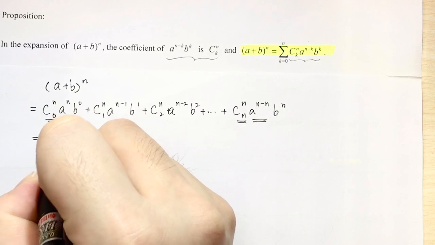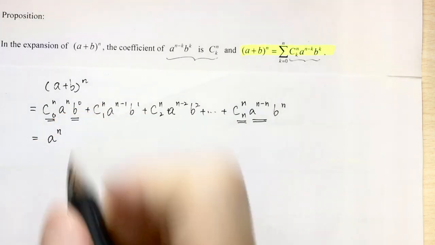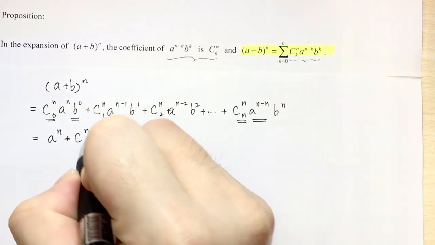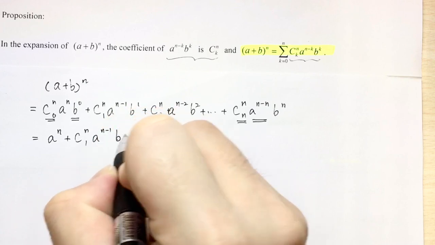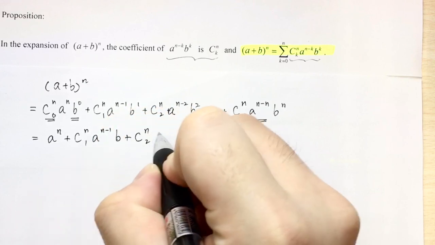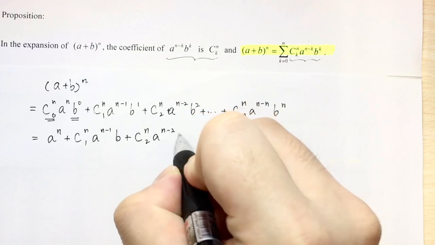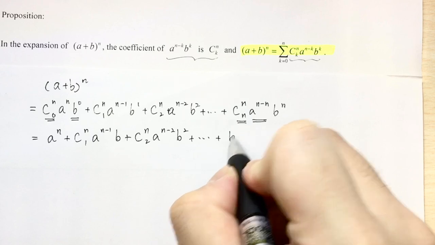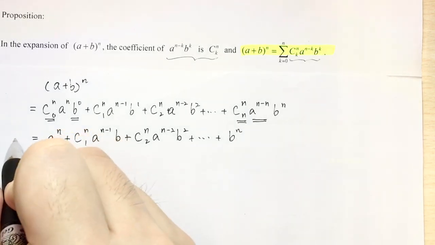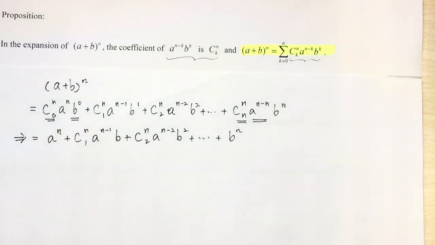So we will start with a to the power of n, and then follow the pattern nC1 a to the power of n minus 1 b, nC2 a to the power of n minus 2 b squared, and so on until b to the power of n. This would be our usual first step in doing the binomial expansion.